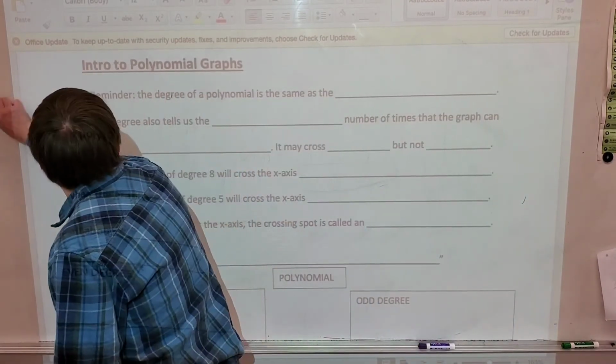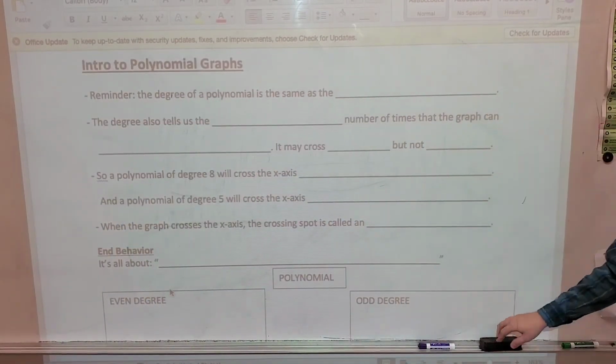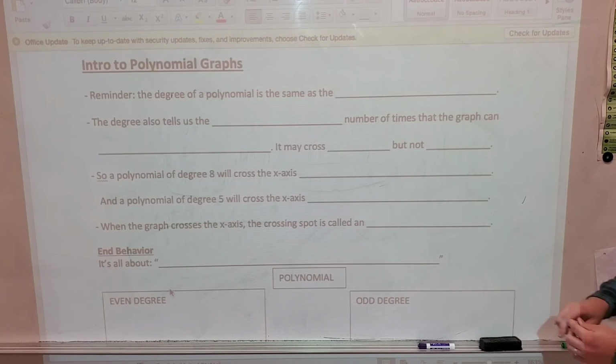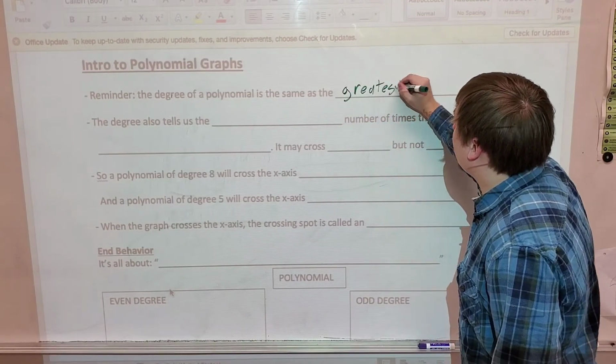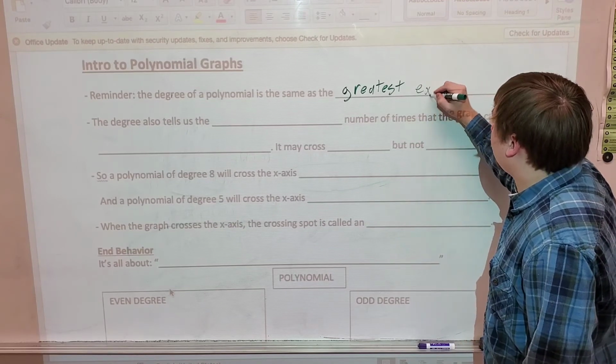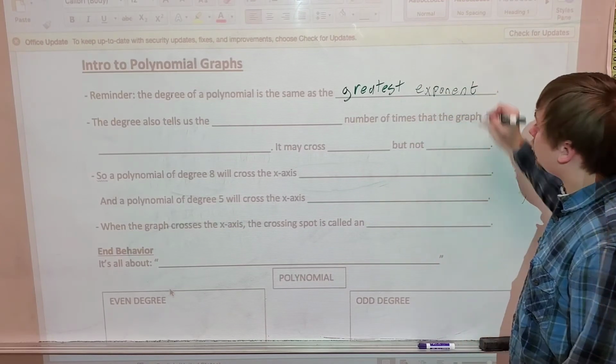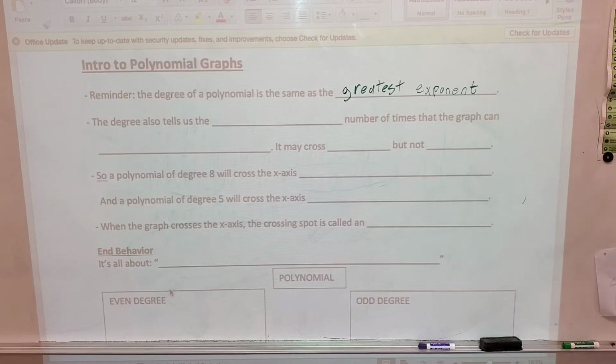A couple reminders here. The degree of a polynomial is the same as the greatest exponent. So whatever your biggest exponent is, that's your degree. Okay. So the degree also tells us something else.